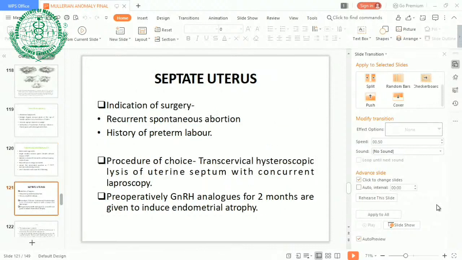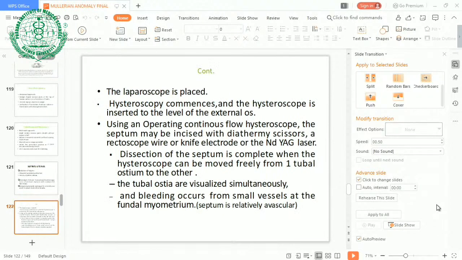Septate uterus, indication for surgery: recurrent spontaneous abortion, history of preterm labor. Procedure of choice: transcervical hysteroscopic lysis of the uterine septum with concurrent laparoscopy. Perioperative GnRH analogue and OCPs for 2 months are given to induce endometrial atrophy.